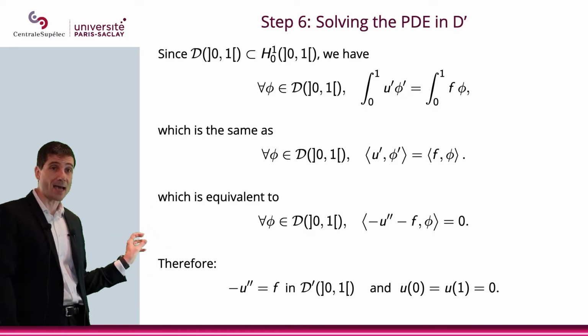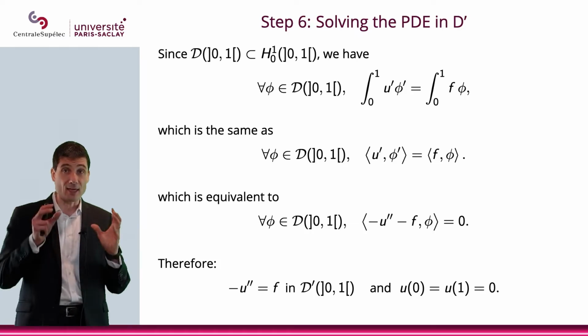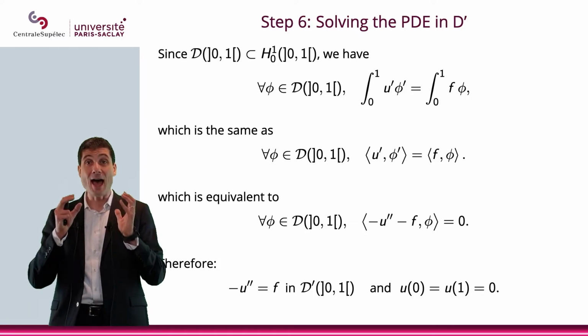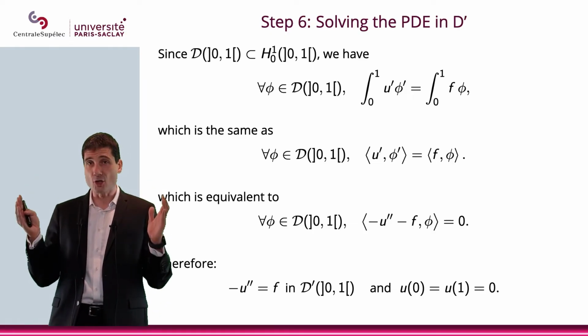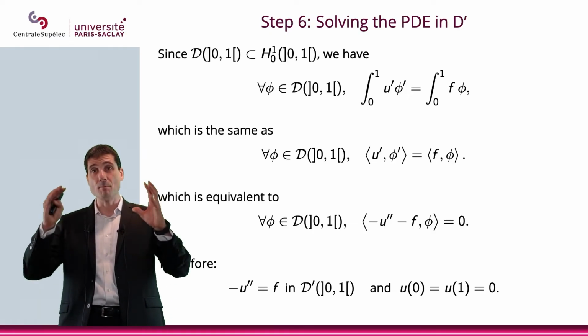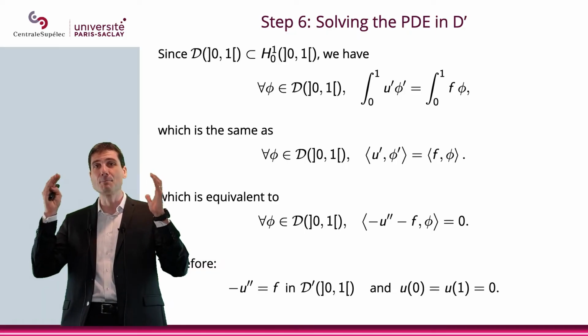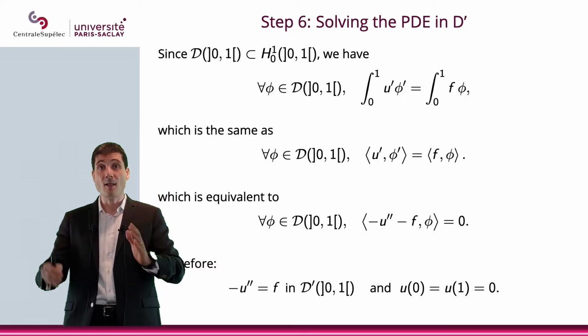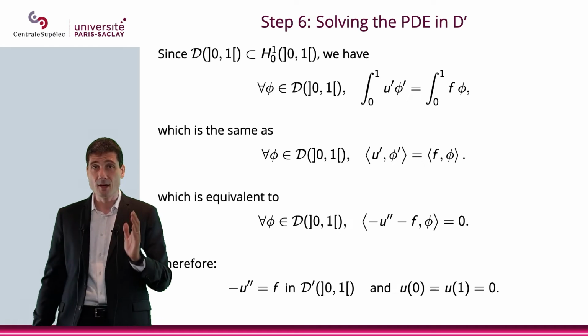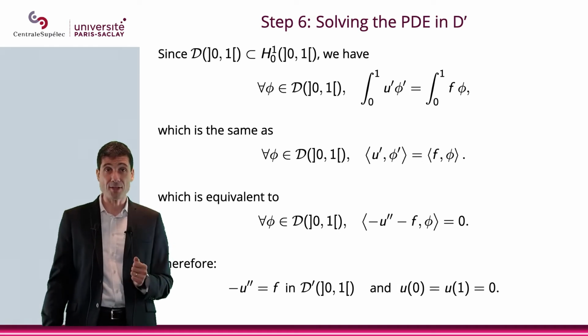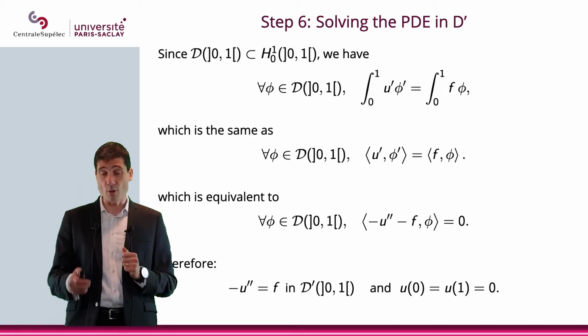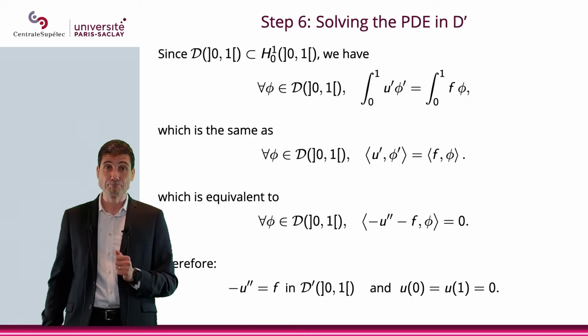Therefore, I can write that minus u second equals f, again in D prime as a distribution. So I left the space of functions, which I'm allowed to do, because I'm going into this bigger space, and in this bigger space, I can guarantee that minus u second equals f in D prime. And I have, as a hypothesis, u of 0 equals u of 1 equals 0.